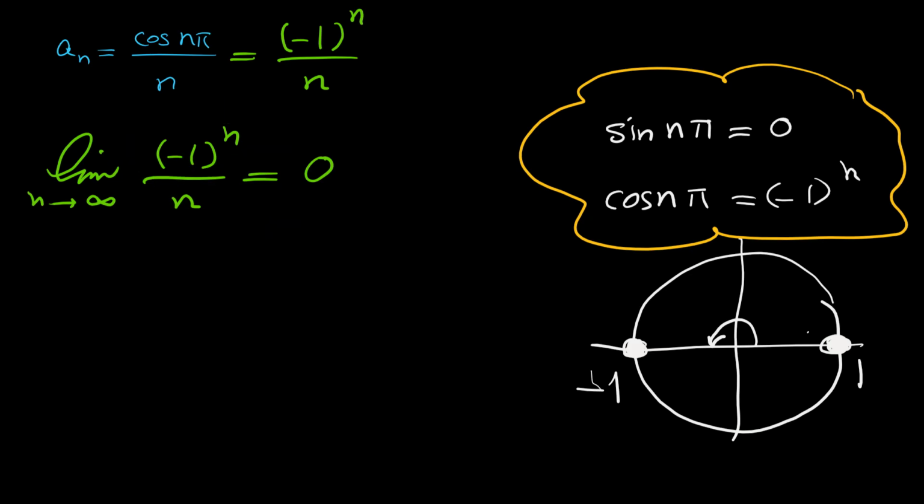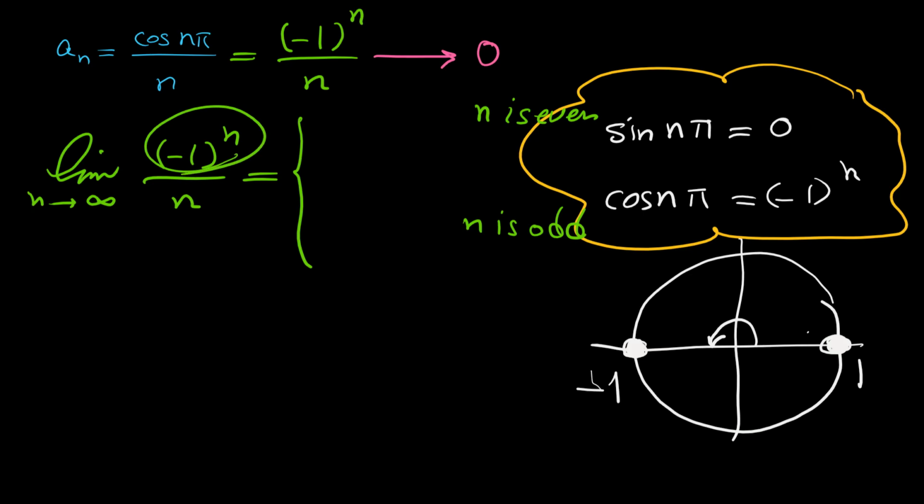But if you want to give a better proof for this claim, you can do it this way. Let me show you a little better way of writing this. You can discuss n being even or n being odd. When n is even, negative 1 to the n is 1, so we have 1 over n.